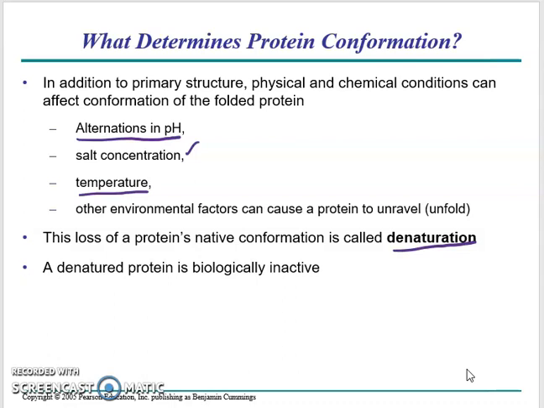If you know what makes a hot substance hot and a cold substance cold, it's molecular motion. In other words, the faster the atoms or molecules are moving in an object, the warmer it actually is. So if you put protein in a pan and put it on the stove or in the oven and you cook it, what that temperature is going to do is change the shape of the proteins again.